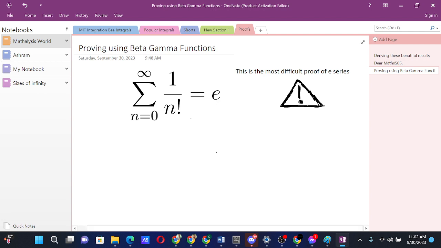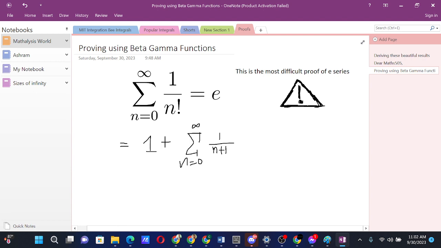My first step will be to write 1 plus the summation from n equals 0 to infinity of 1 over (n plus 1) factorial.